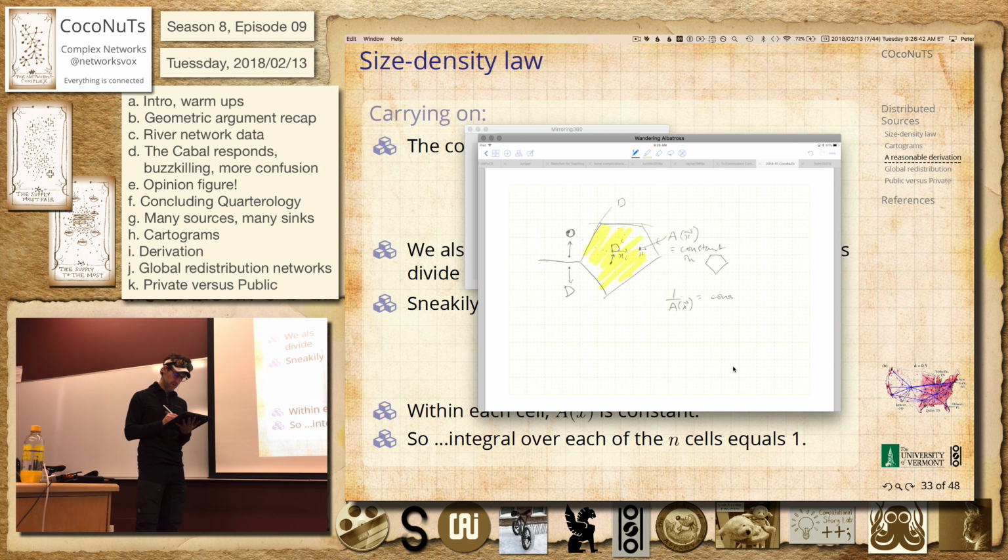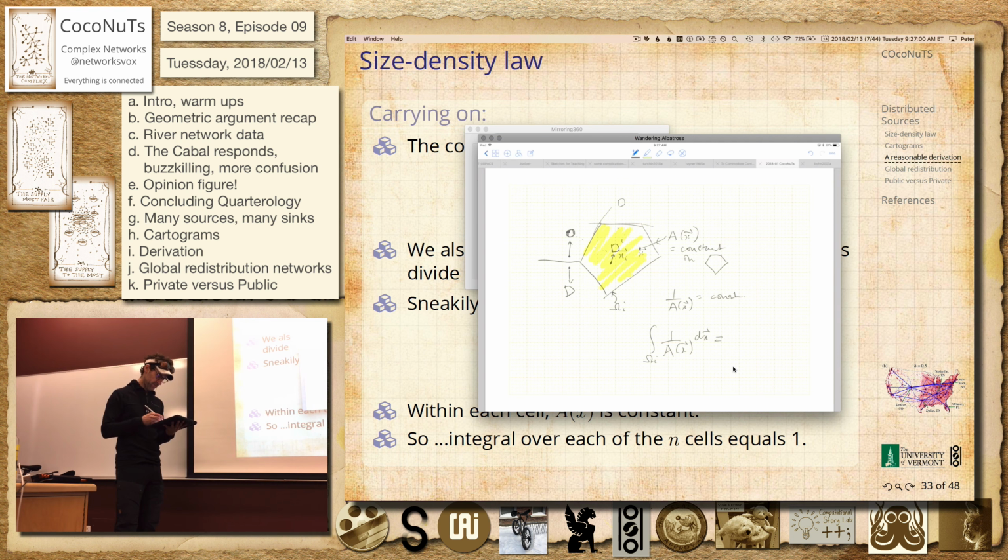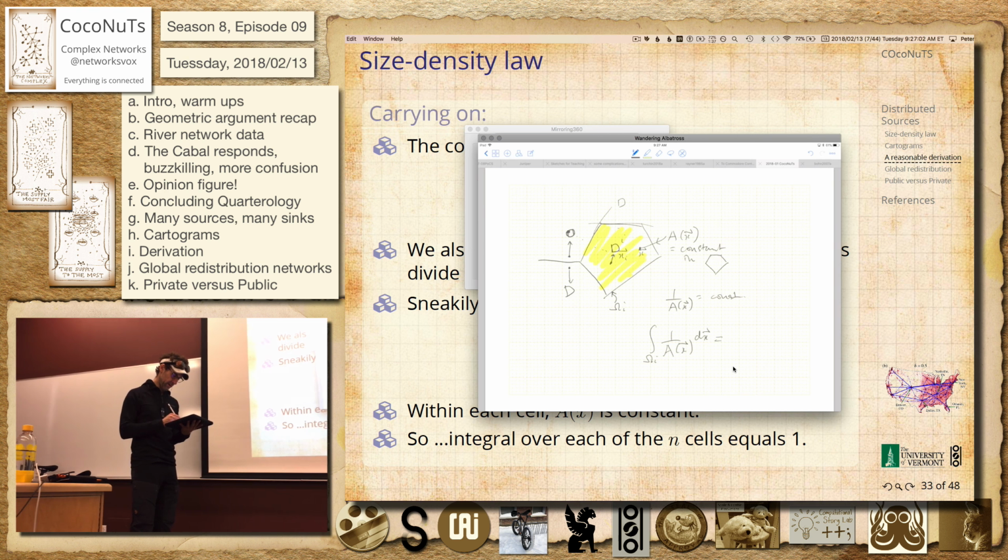So the integral of 1 over a of x over, let's call this, omega i, dx, is just, let's call it, 1 over ai, right?